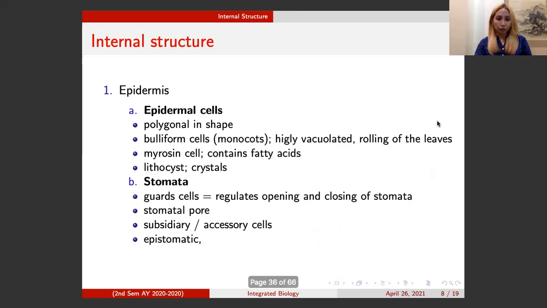Okay, so different species of plants also have different locations where you can find the stomates in their leaves. If the stomates are found on top of the leaf, you call these epistomatic leaves.